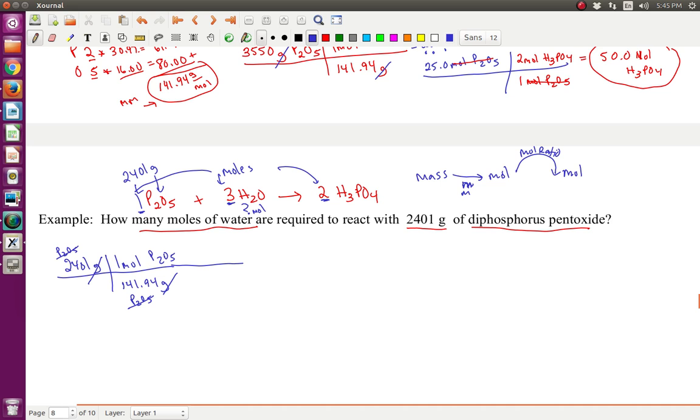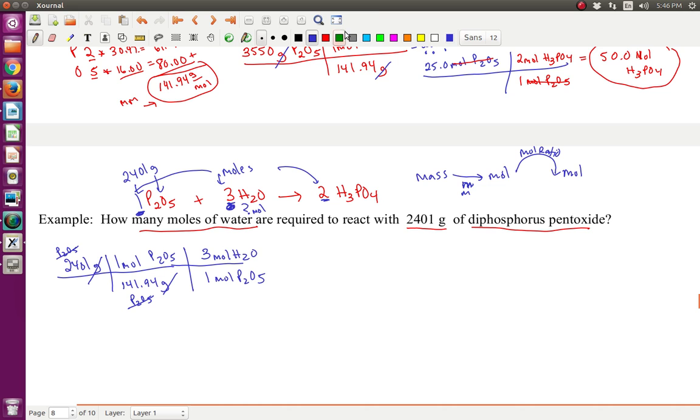Now that I have moles of diphosphorus pentoxide, I can use the moles of water ratio to get to the actual amount of moles of water. I can use the ratio between the two. Notice there are 3 moles of water required for every 1 mole of diphosphorus pentoxide.